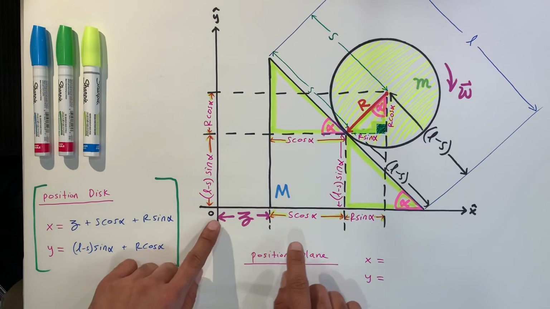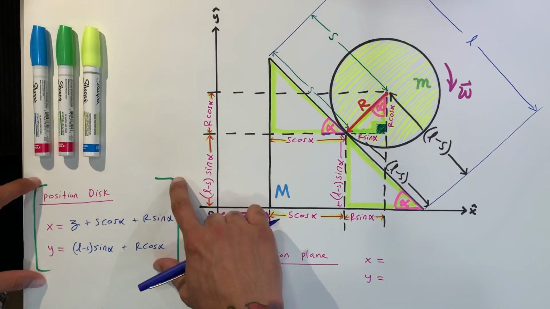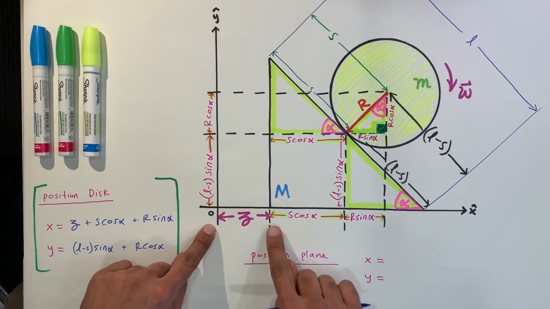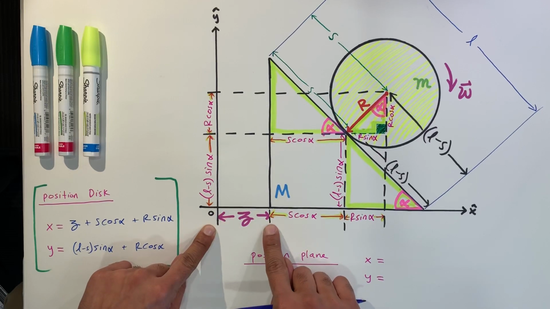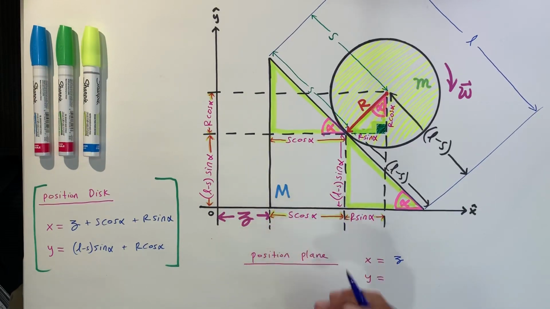So before we wanted the distance to the center of the hoop because that's what we're interested in. But now that we're doing the plane, we only want the distance from the center or the origin to the plane. So for X, it's simply that random letter. And then for the Y, it's sitting right on the 0, so that's gonna be 0. So that one's pretty easy.